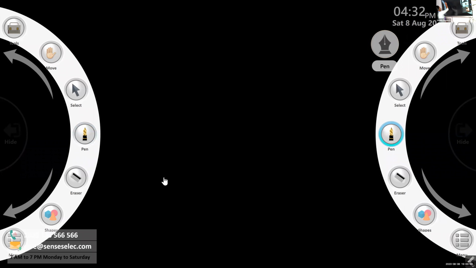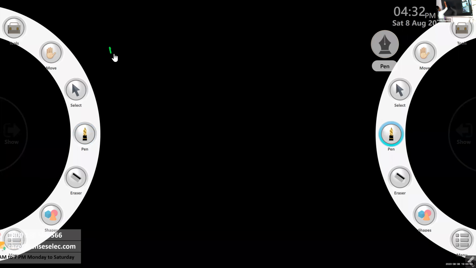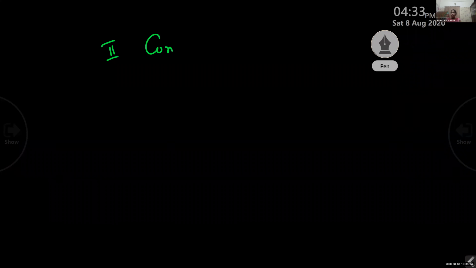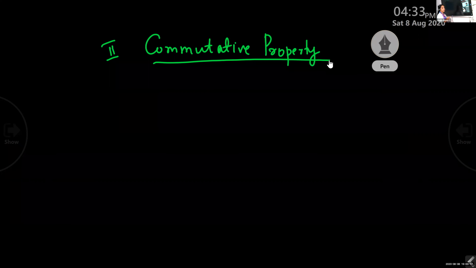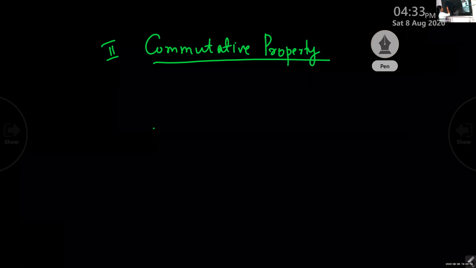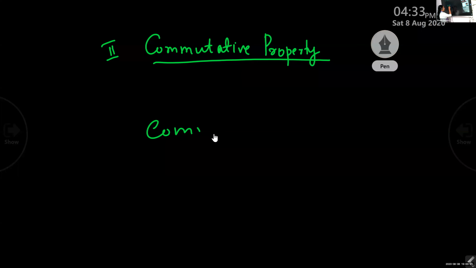Okay, so write the property. The next property, the second one, is the commutative property. Check the spelling. It is very important. Instead of commutative, you will say some other words. See the word commute.